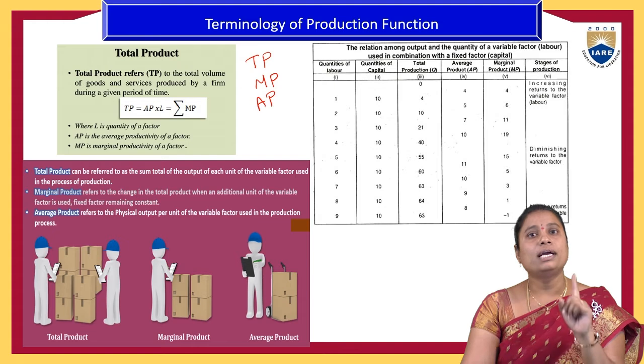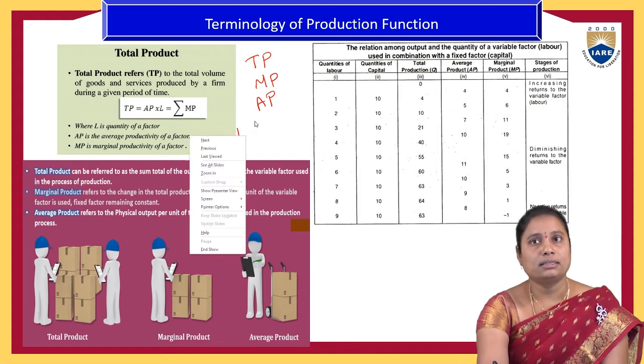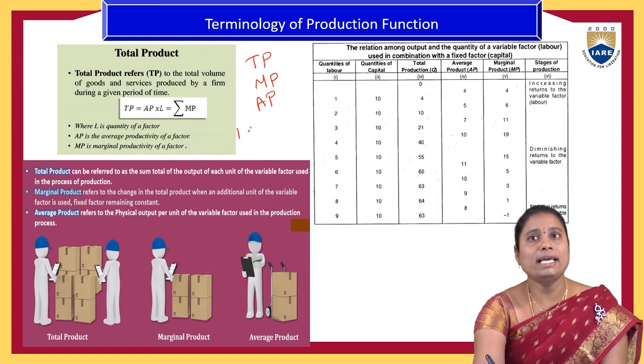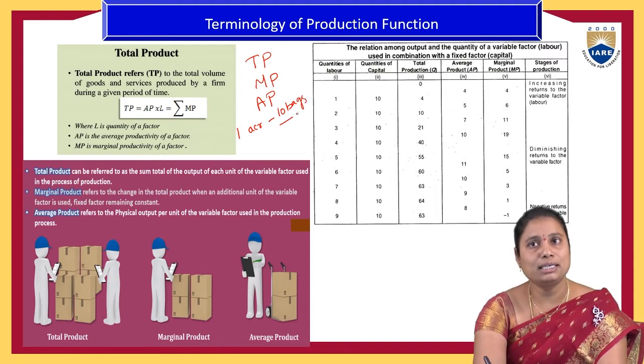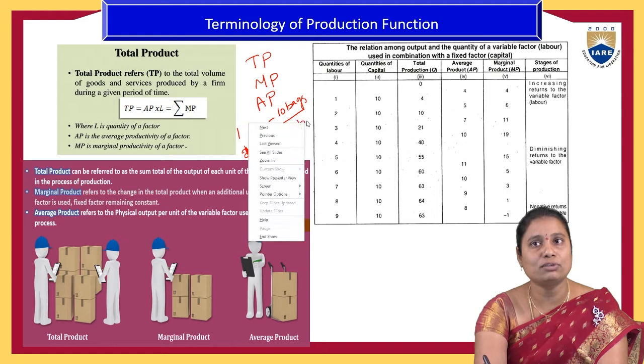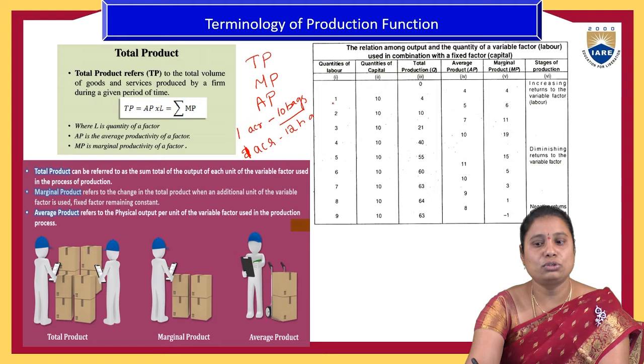For example, if in 1 acre of land they are able to produce 10 bags of rice, then that is called the total production. The next time when they harvest the same 1 acre, if they are able to produce 12 bags of rice, then the marginal production is 2 bags.